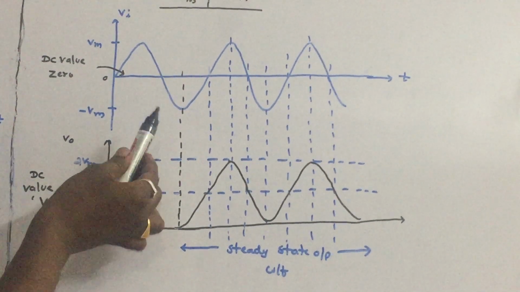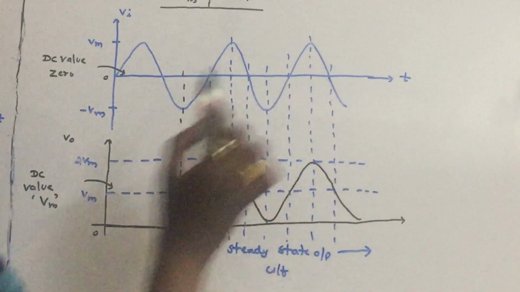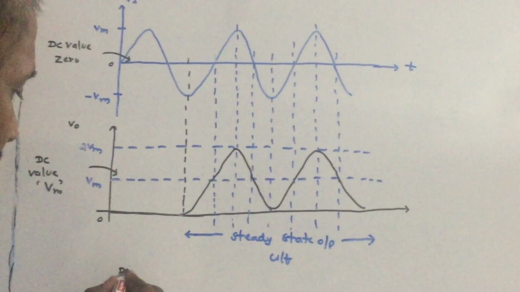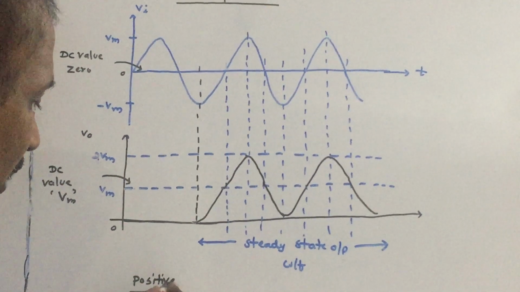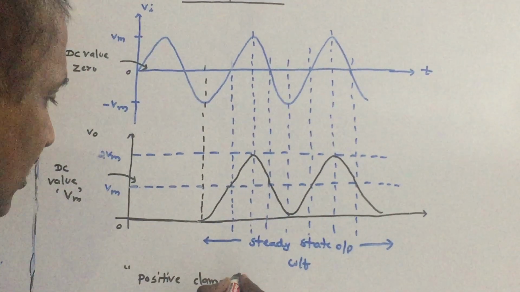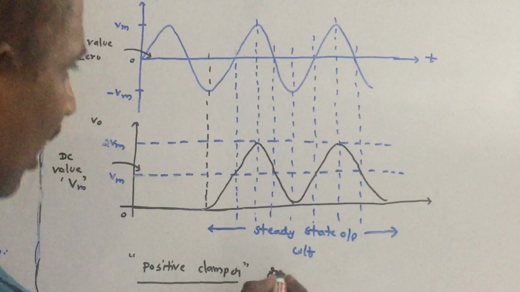Since it introduces a positive DC value into this waveform, that's why it is called a positive clamper. Remember that due to this reason, it is called a positive clamper, since it has introduced a positive DC value into the signal.